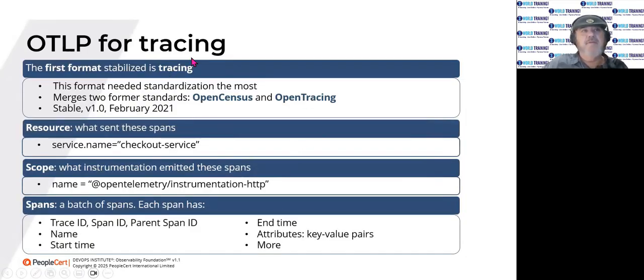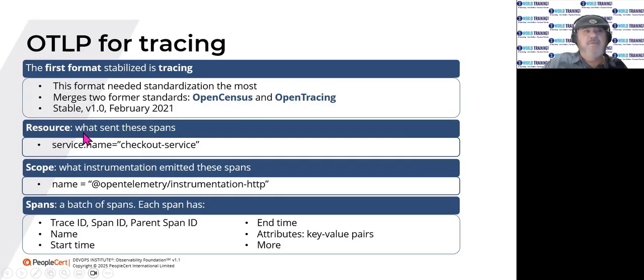Using OTLP for tracing, the first format that's been stabilized was for tracing. The format needed standardization the most, and merges two former standards, which were called OpenCensus and OpenTracing. That's been stable, version 1, and stabilized in February 2021.